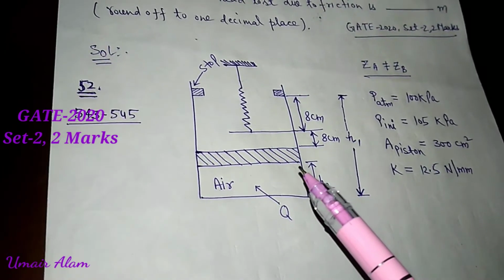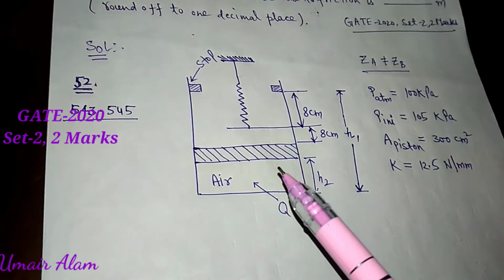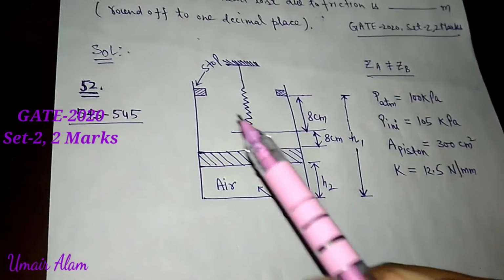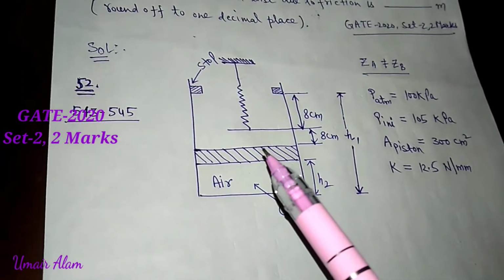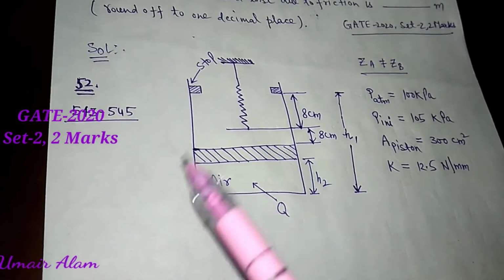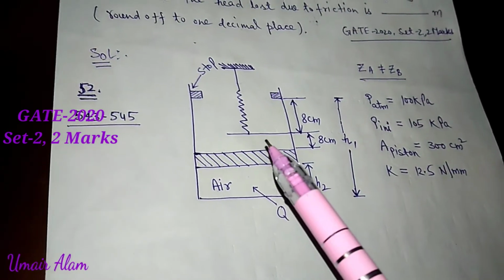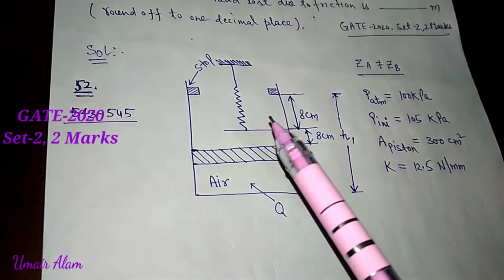So this piston will move up and will keep on moving until it reaches the stop. So there will be two kinds of work. First will be due to the piston displacement, and second one is due to the spring contraction.